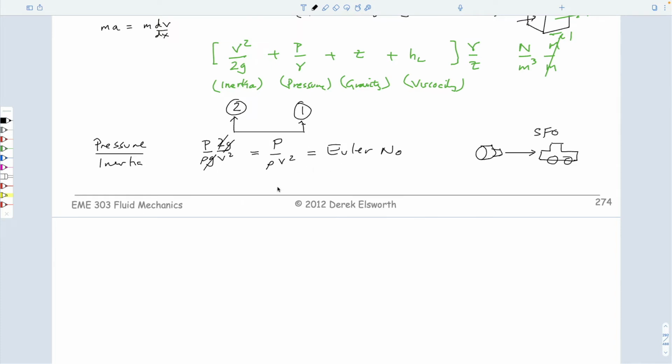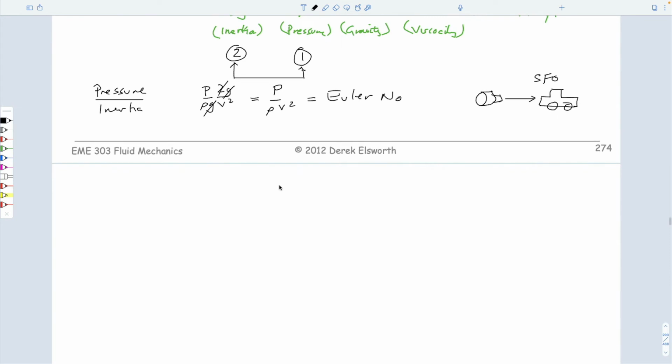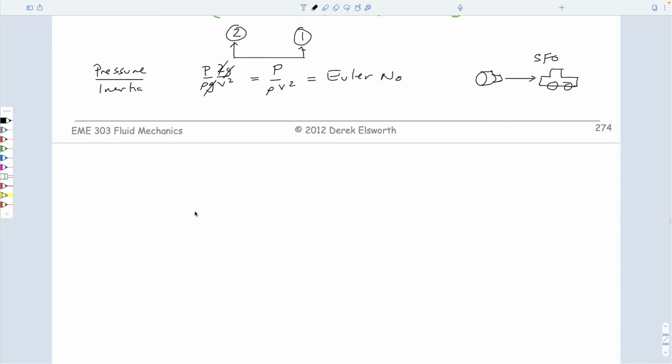What we'd like is dimensional similitude: we make the non-dimensional numbers of the model within the wind tunnel equal to those of the prototype, the real-life structure. Then we can measure the pressure in the wind tunnel on our model and calculate what the pressure would be in our real system. That's really where we're going with this.